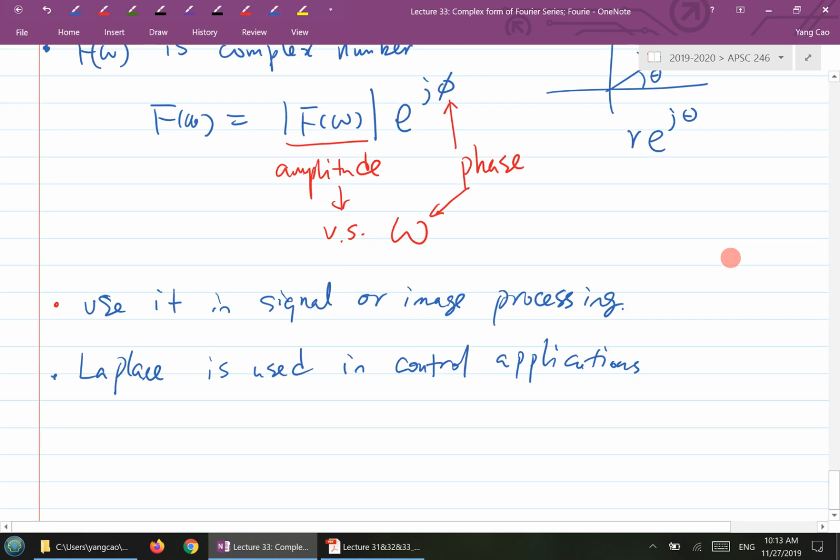If you're designing a control system and you want to design a really good control system, you want to study the system to have a better idea, and use Laplace to transform, for example, the system model from time domain into S domain, and then you study it within the S domain, and you design your controller also within the S domain. Then you can get back to look at the response in the time domain. So Laplace is often used in control applications.